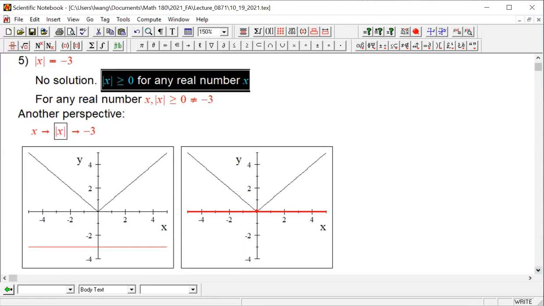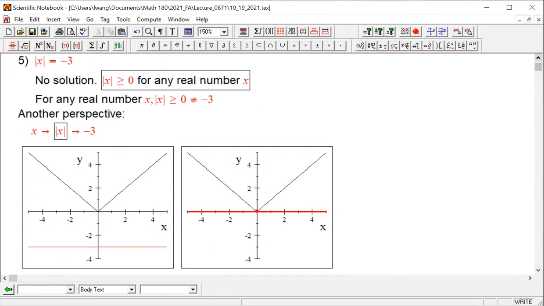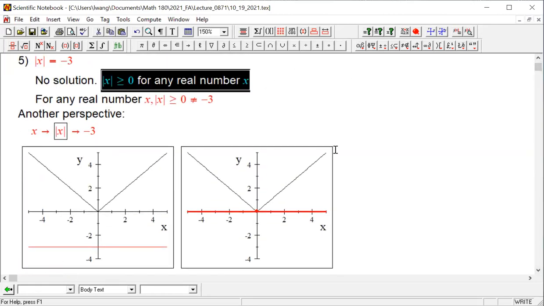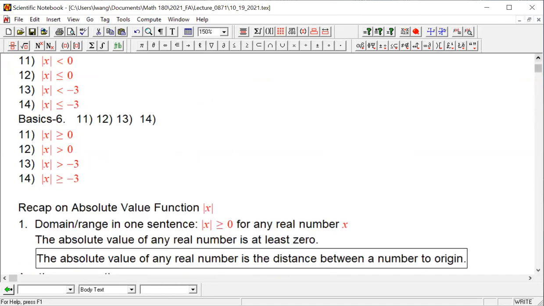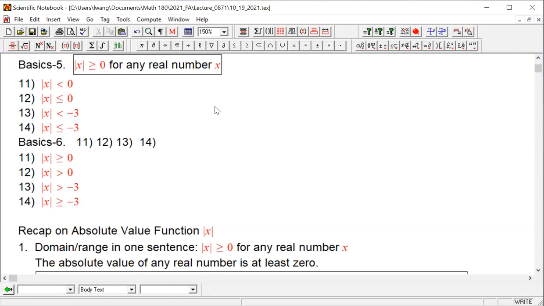Now, with that understood, right, this guy here, I'm going to put this powerful statement here. So what is the answer for number 11?